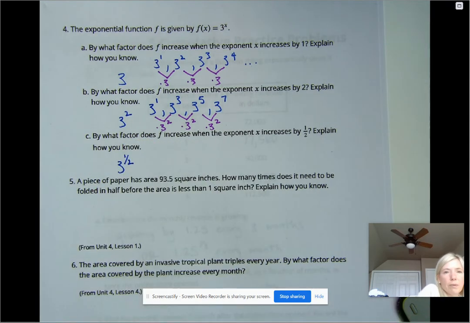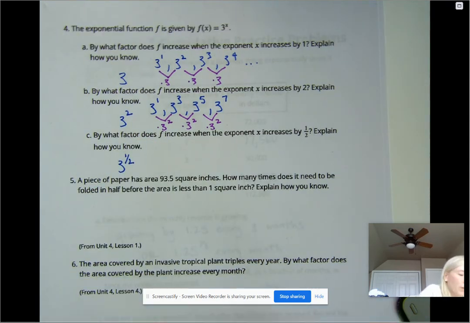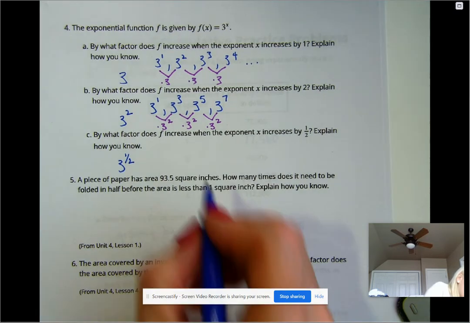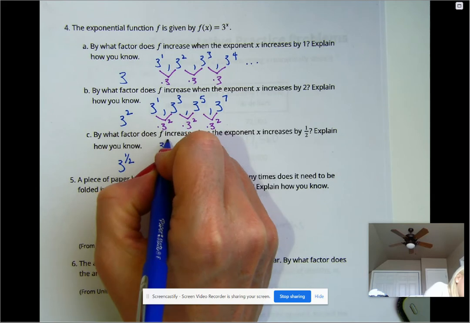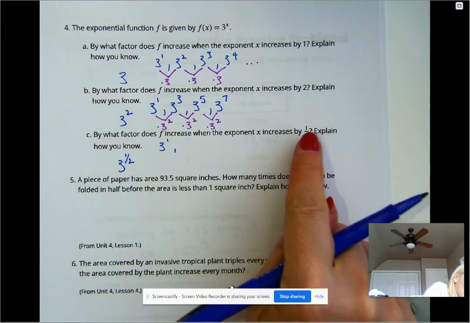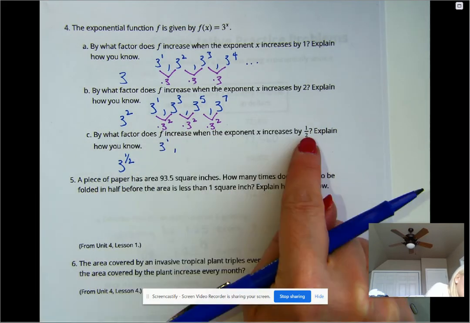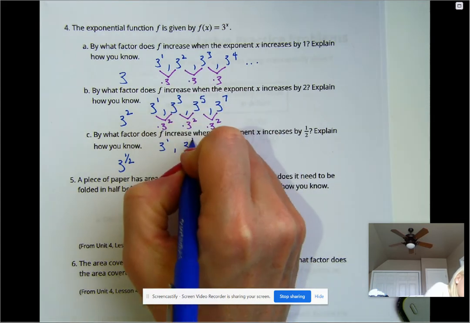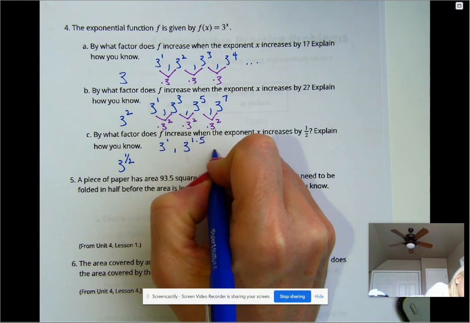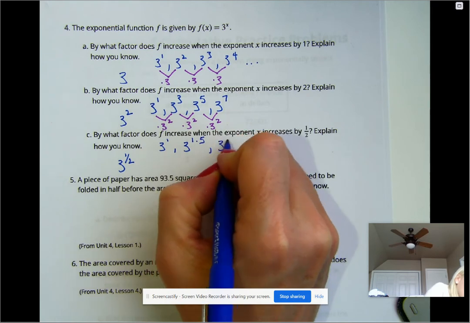Now, I'm going to actually represent this with the decimals, 0.5. But if I go, okay, my first term is 3 to the first again, then I'm going to increase the exponent by 1/2. So that would be 3 to the 1.5. And then another half would be 3 to the second.